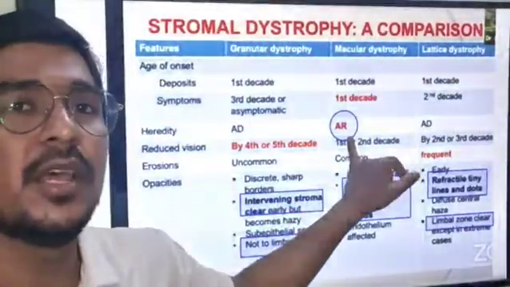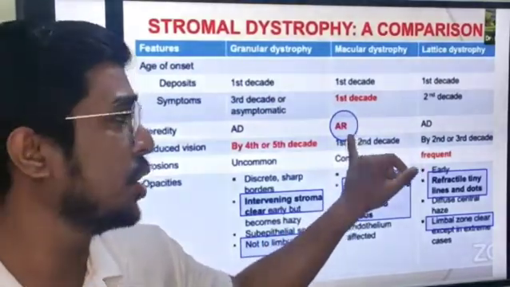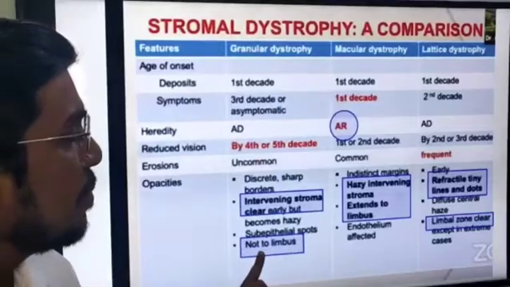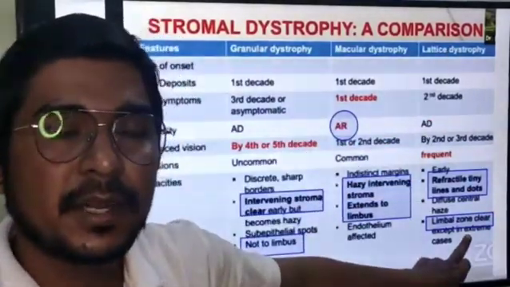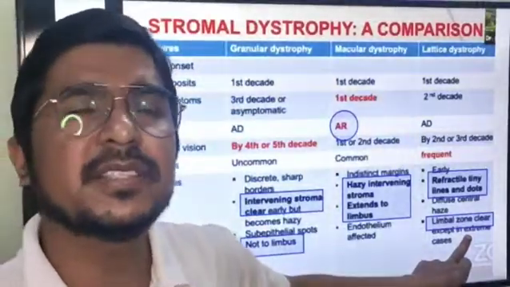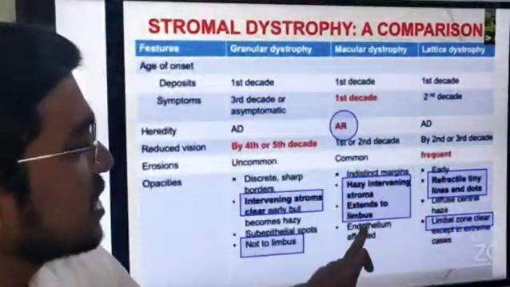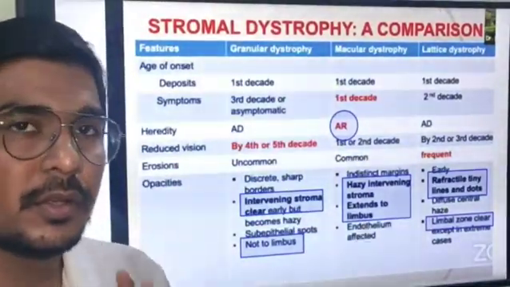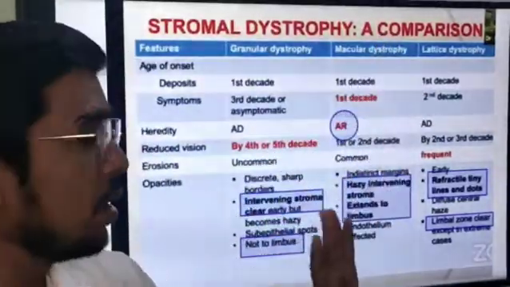This is one of the important differences, and many times they have asked this question. Second point, granular dystrophy does not involve the limbus. Lattice dystrophy does not extend to the limbus, maybe sometimes, but macular dystrophy extends to the limbus. Okay, 2 points: autosomal recessive, and extends to the limbus, macular dystrophy, right?